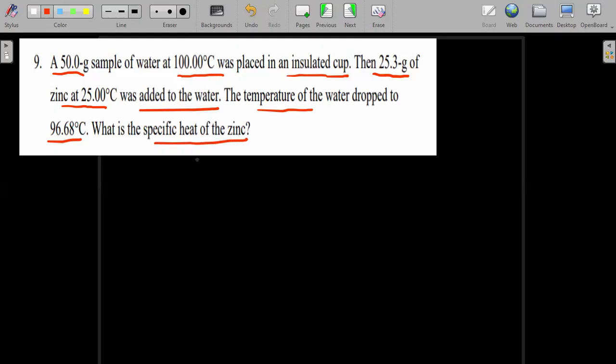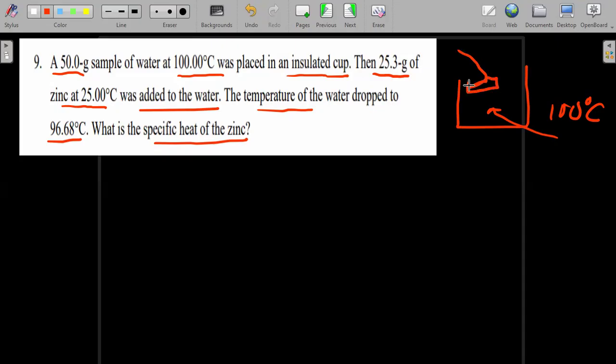Okay, so here we have to understand the question, and we also need to understand the energy transfer, because we have two things there. We have this water, which is in this bowl here at 100 degrees Celsius. And then to this water, we add zinc.